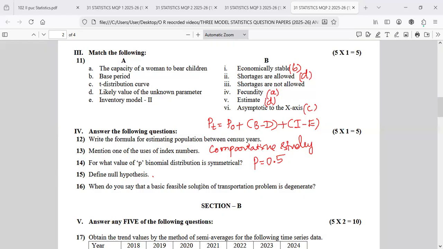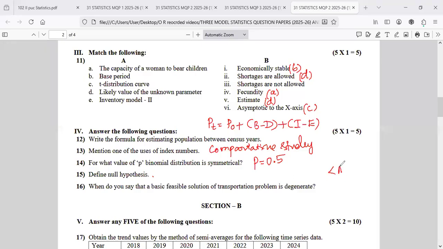When do you say a basic feasible solution of a transportation problem is degenerate? The answer: the number of positive allocations in any basic feasible solution is less than m plus n minus 1.